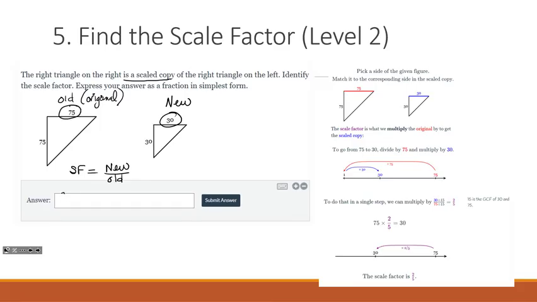So to get your scale factor, it is 30 divided by 75. When you do 30 divided by 75 in your calculator and reduce it, it reduces to 2/5. You want your fraction in simplest form. Okay?